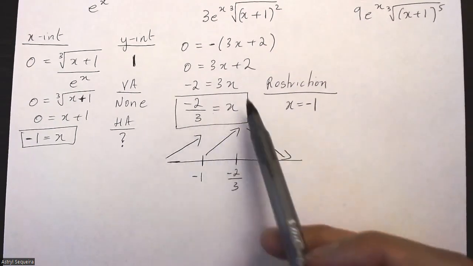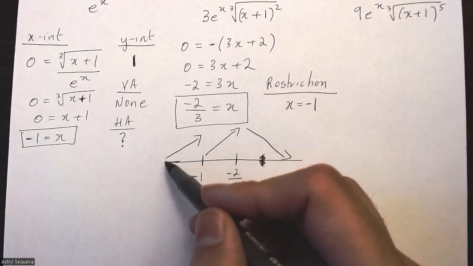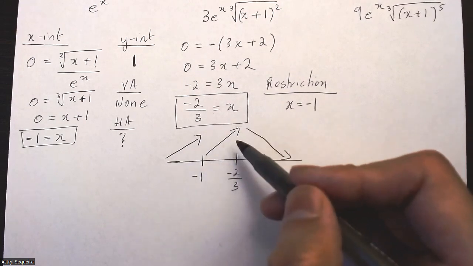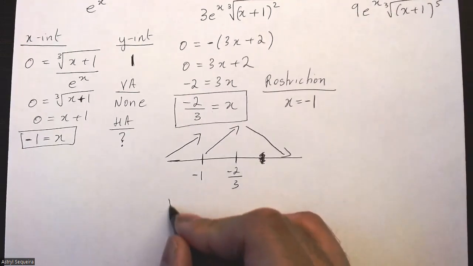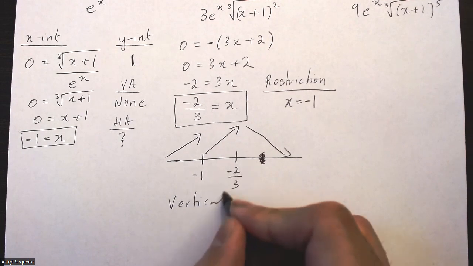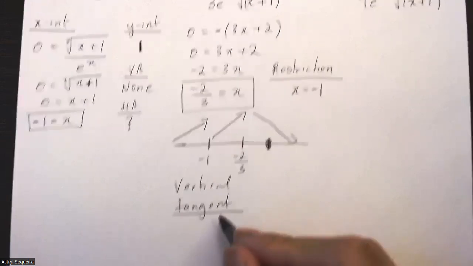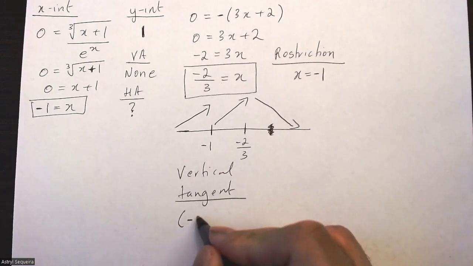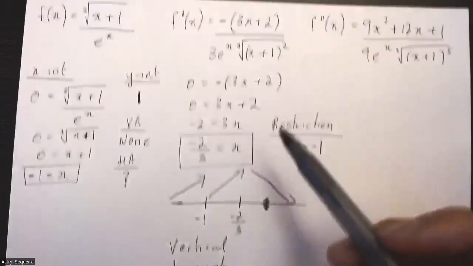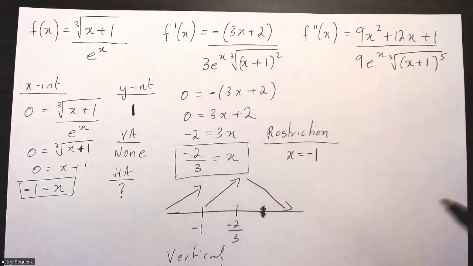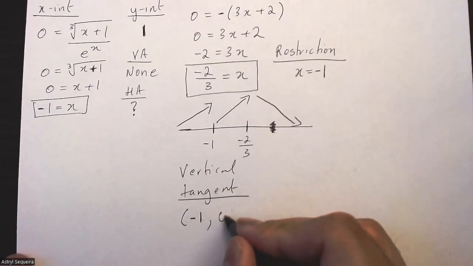Let's start with classifying the restriction first, that appears first. So if you have increasing and increasing or decreasing and decreasing, that is a vertical tangent. So in this question, we have a vertical tangent. X value is -1. If I sub in the -1 into this whole equation here, I'll get a y value of 0 because it's the same as my x-intercept.